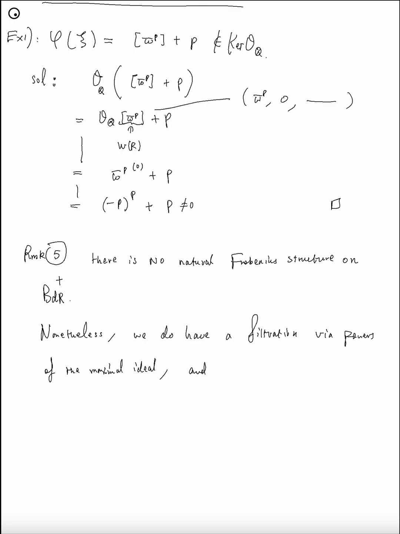This filtration is G_K stable. So let's denote the filtration Fil^i of B_dR^+ to be m^i B_dR^+ for i bigger or equal than 0.